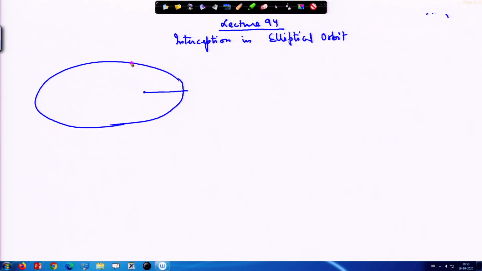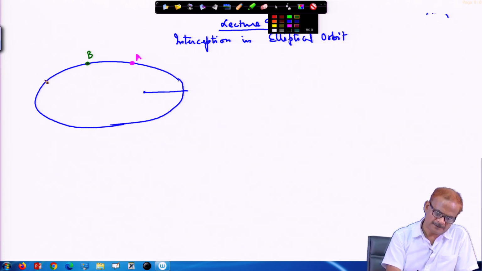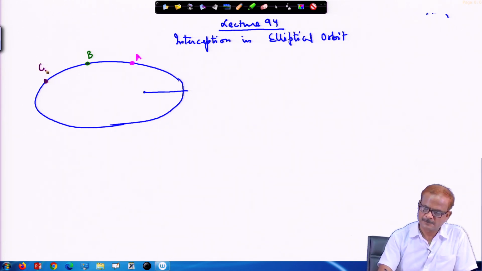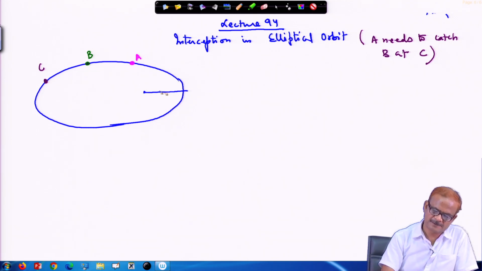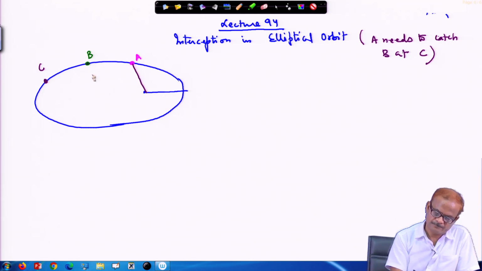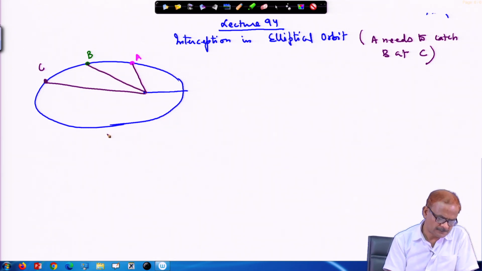One satellite is located at A and another satellite is located at B, and it is required that A catches B at C. A needs to catch B at C. So, angles are given in this case, and these angles are not equal. It may appear from the figure that they are equal, but they are not equal.